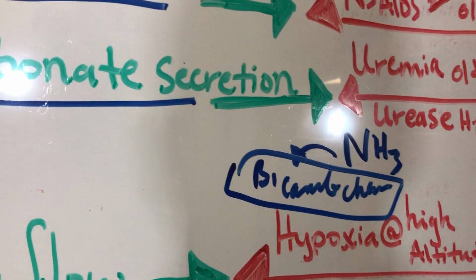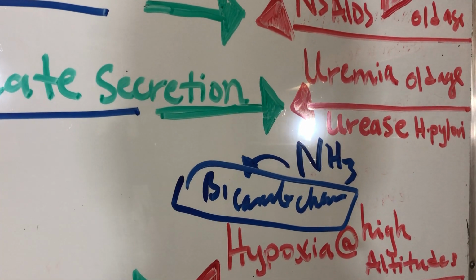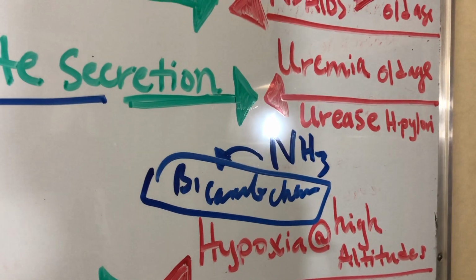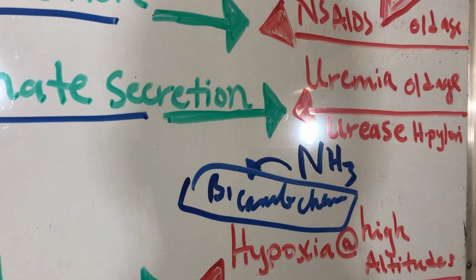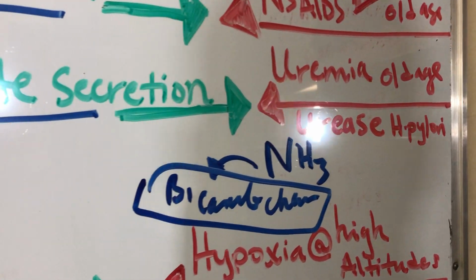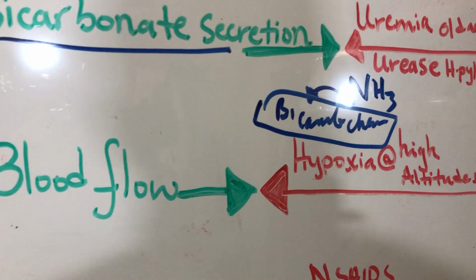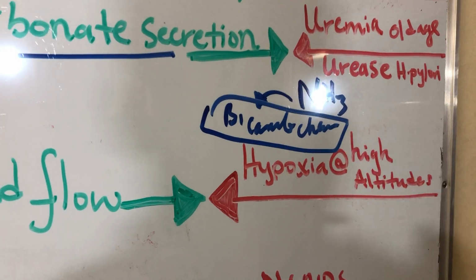So that means acid will no longer be neutralized because there is no bicarbonate, and that is caused by an overwhelming increase in ammonia content, and that is caused by a person who's suffering from uremia, or someone who has an H. pylori infection, and that enzyme is just generating for us so much ammonia that leads to an increase in acidity.